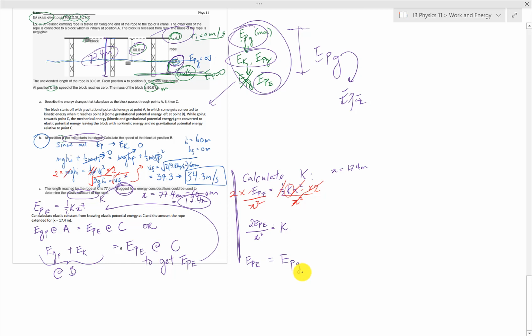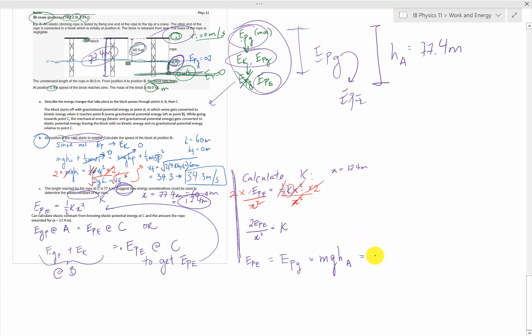So that's going to be equal to mass times gravity times the height at A, which is going to be a total of 77.4 meters, not 60 meters, because even between B and C, more gravitational potential energy is being converted into elastic potential energy.